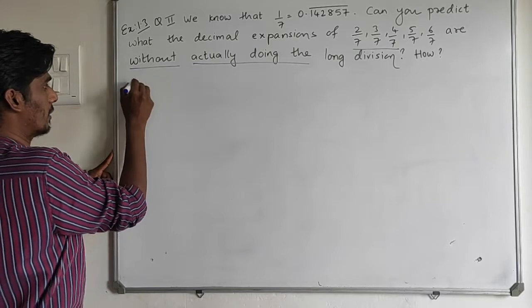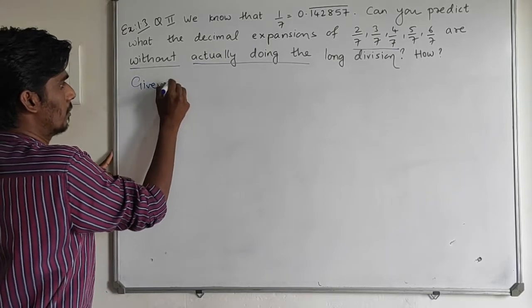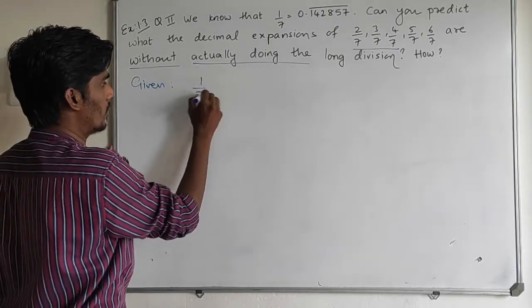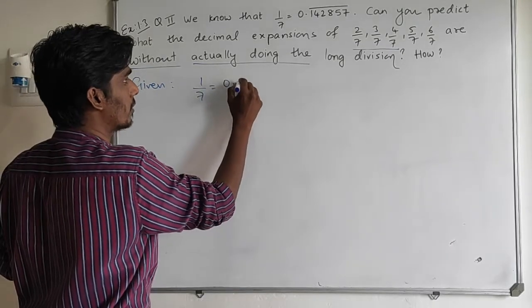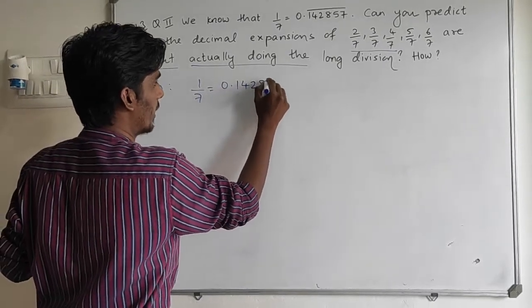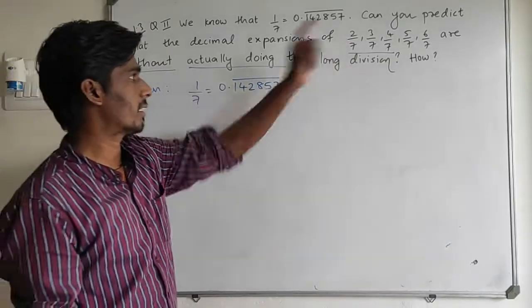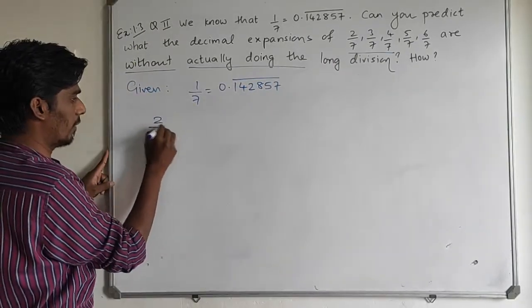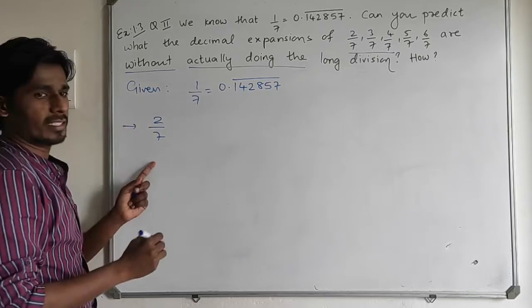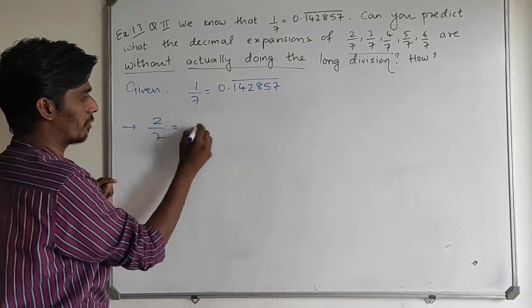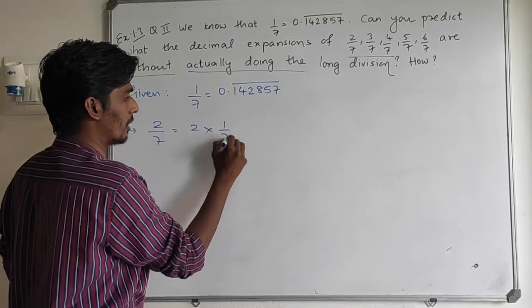First one, first of all, it's given 1 upon 7 equals 0.142857. This is given. Now let's take the first number. Suppose I have to find out the value of 2 by 7. I can write 2 by 7 equals what? 2 into 1 upon 7.